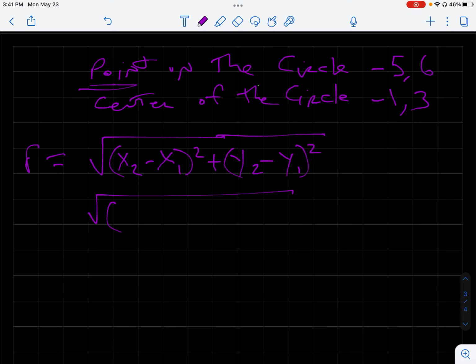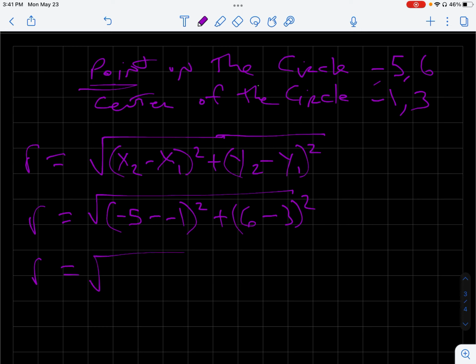And it doesn't matter which point is point 1 or point 2, just as long as we use both coordinates in the same point for 1 and the same coordinates in the same point for 2. So let's say minus 5 minus minus 1 squared plus 6 minus 3 squared equals r.